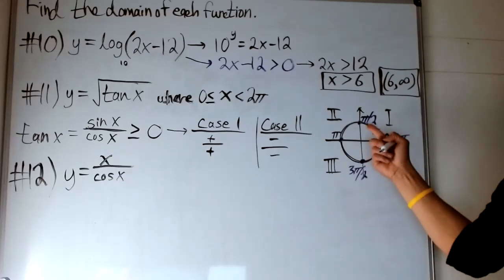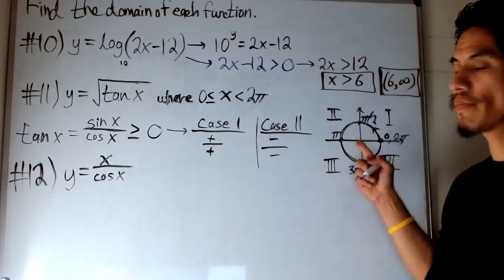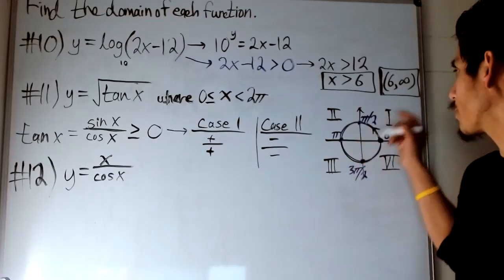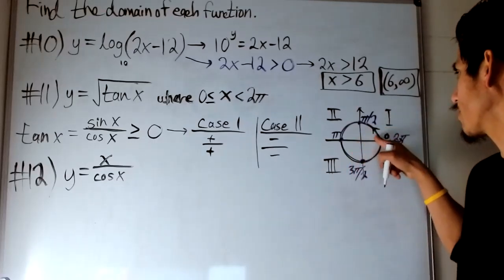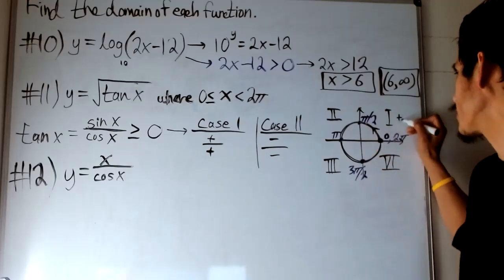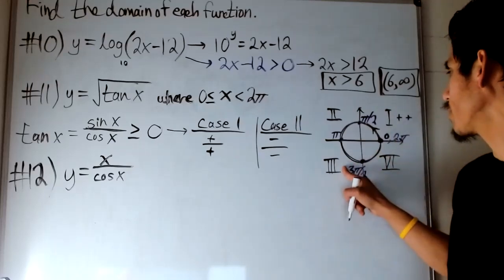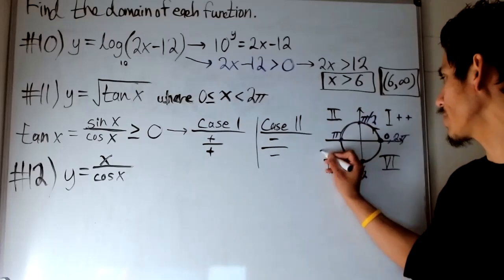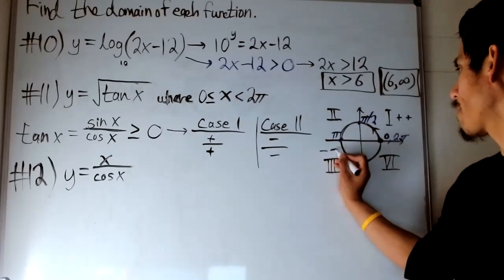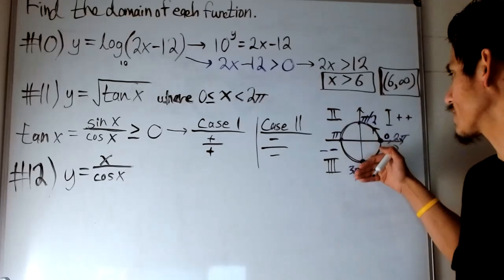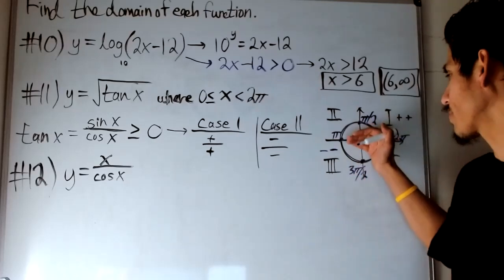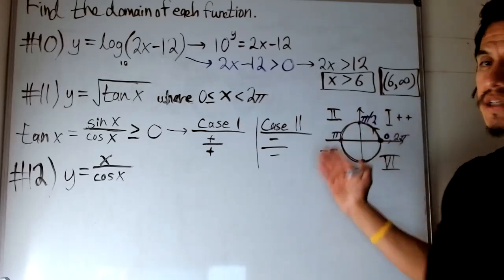So in quadrant 1, they're both positive because sine and cosine are both just x and y values, so they're both positive here. And they're both negative in quadrant 3 because the sine, again, is below the x-axis and the cosine is to the left of the y-axis.